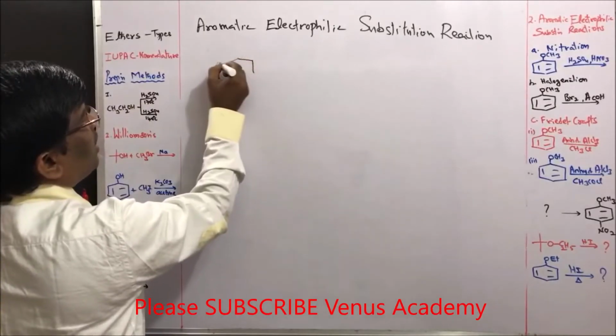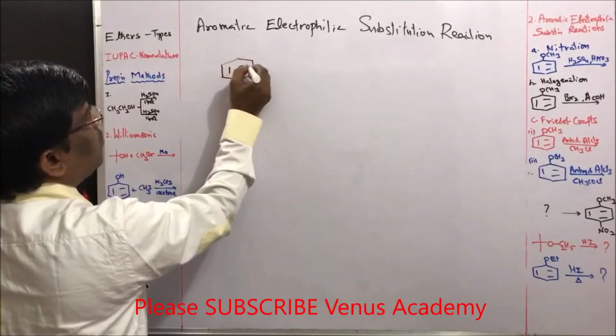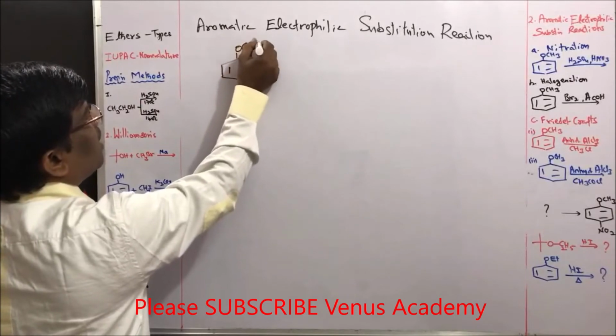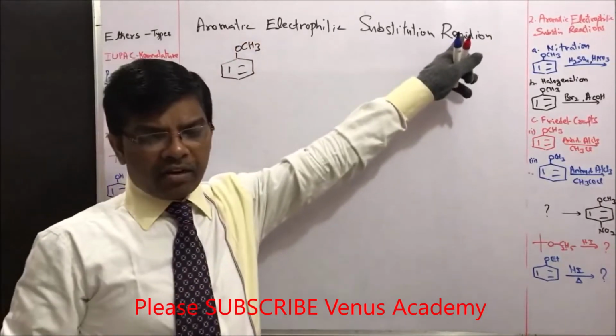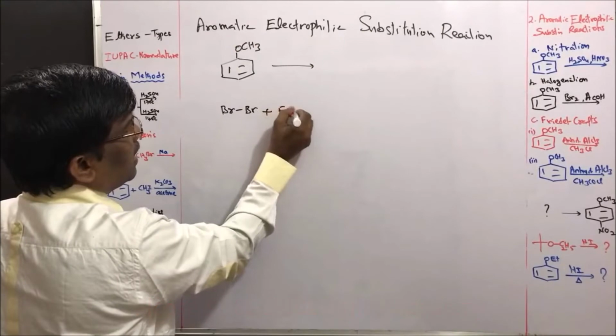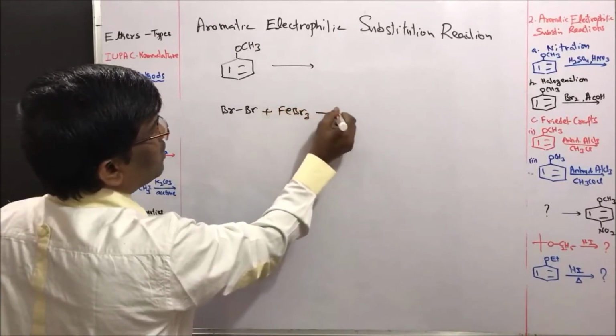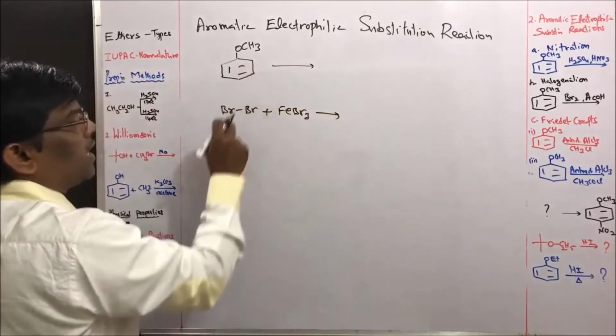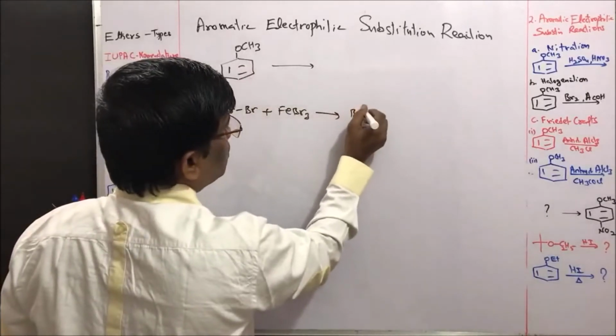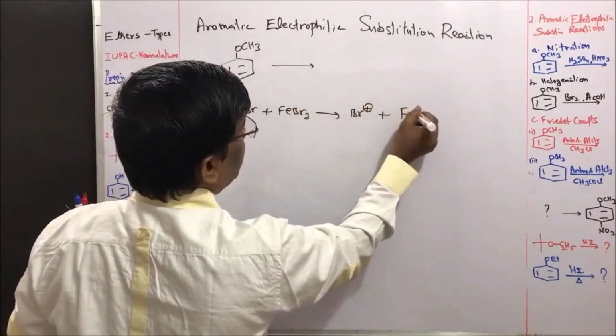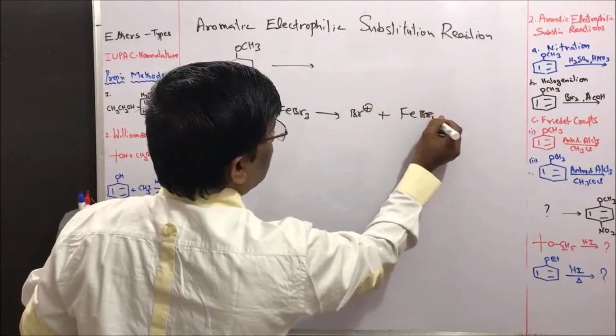Usually bromination requires a Lewis acid, bromine plus Lewis acid, for the generation of the bromine electrophile. For example, ferric bromide is usually used for aromatic bromination, where it forms the bromine electrophile, then FeBr4 minus.